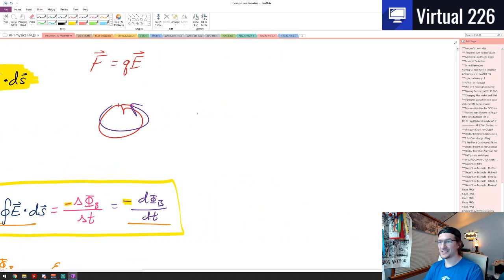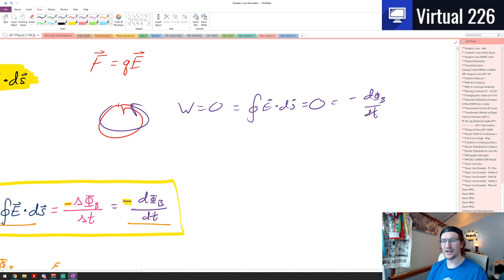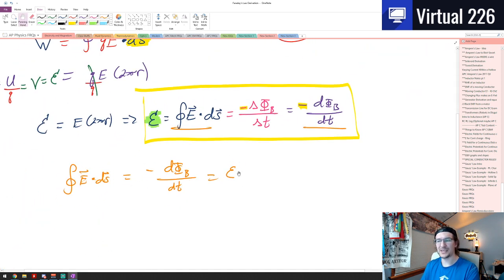In a case like this, the work is 0, which means that the closed path integral of E dot ds is also 0, which means that there would be no change in flux. But that doesn't make any sense because there has to be a change in flux for an induced scenario. What this means is essentially that if we have induction, the idea of an electric potential, some EMF, doesn't really apply. It's not really a good thing to think about.